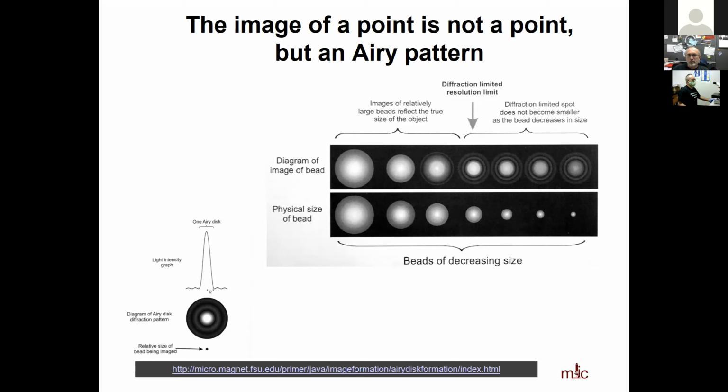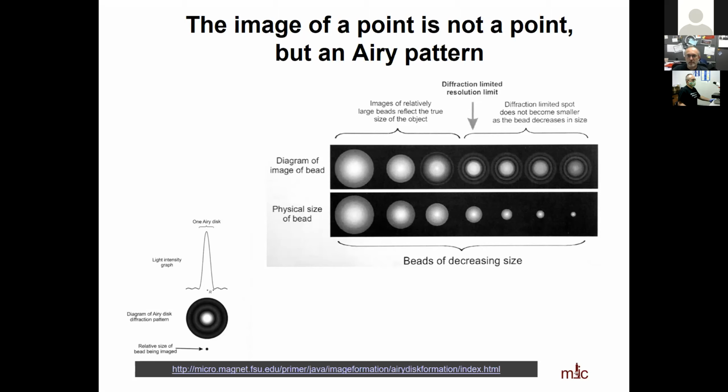If you take a series of beads of decreasing physical size, when they're fairly big, their size in the image will correspond to the size on the slide. But once you hit a certain limit, the diffraction limit, even with smaller and smaller beads, the size of that spot, of that pattern, will remain the same.